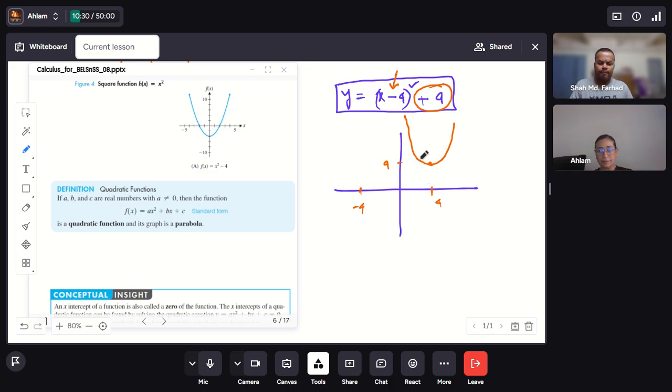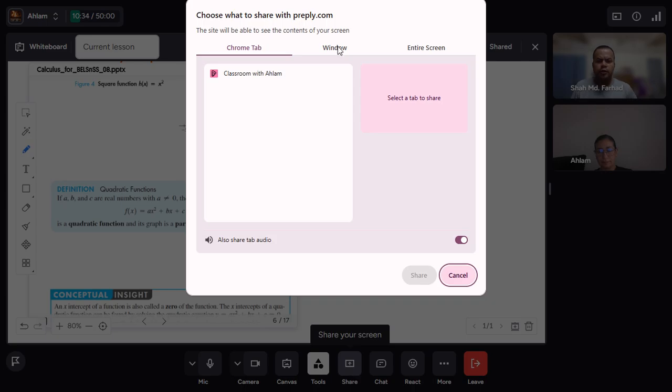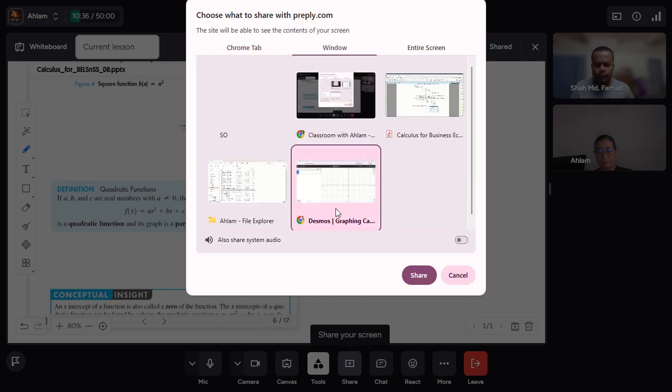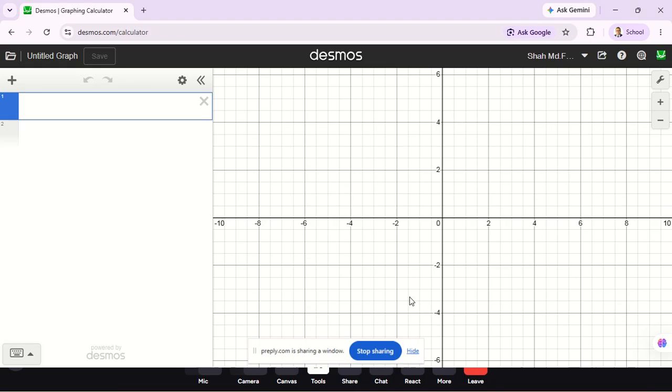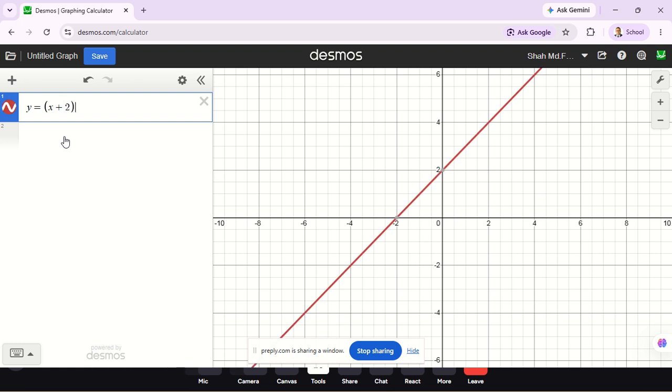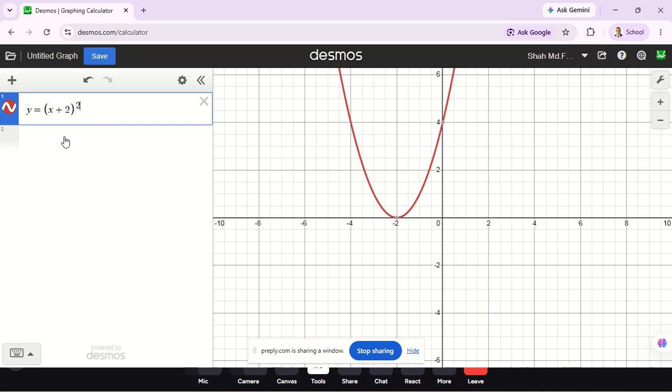I think it will be more clear to you if we manipulate it here. If y equals x plus 2 square, can you see the Desmos?